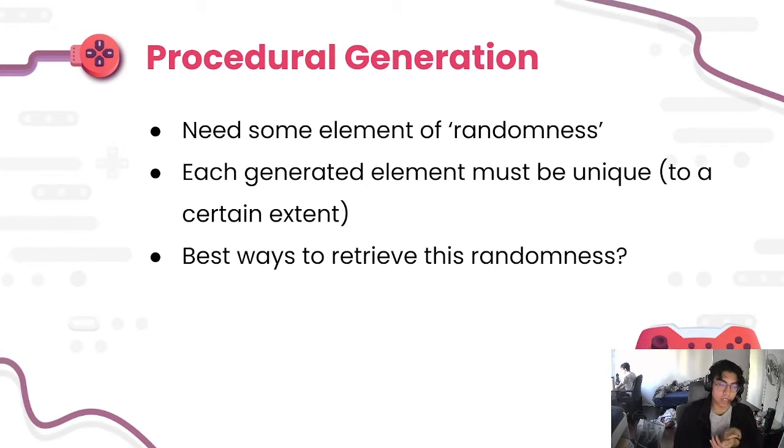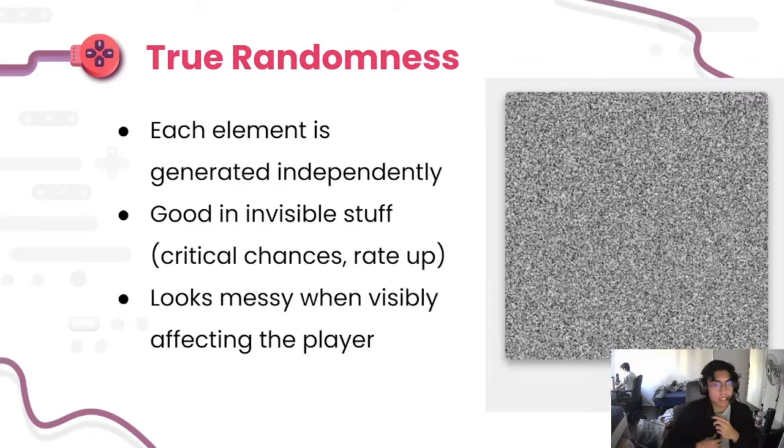And what are the best ways to retrieve this randomness? True randomness. All right, so this is one of the ways we can retrieve some sort of random value to help us create that world. As you can see here on the right, each element is pretty much generated independently, regardless of its neighbors.